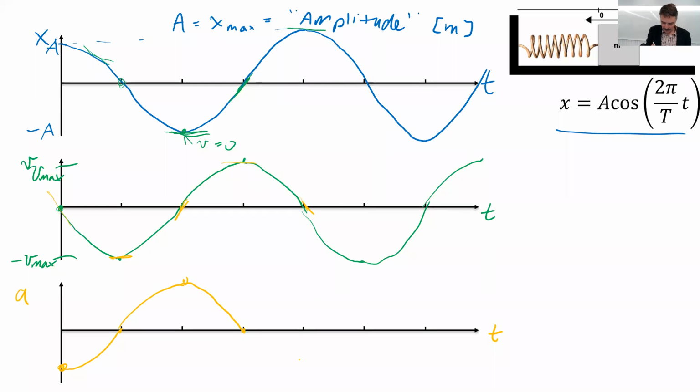And then it's maximum negative slope right there. Got it? 0 right there, so it comes to 0. Maximum positive slope right there. And then back to 0 slope right there. Okay. And as you can see, I've just done the slope of the slope of the slope. The way it all works out is that when you have a sine curve like this, the acceleration graph is flipped of the x graph.